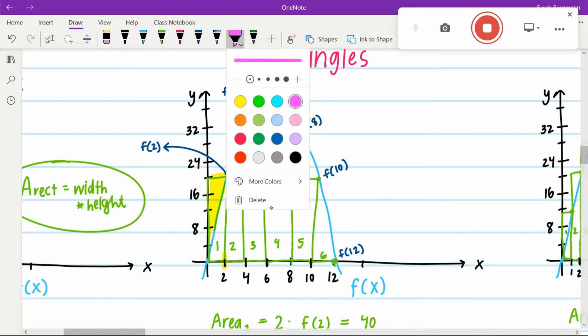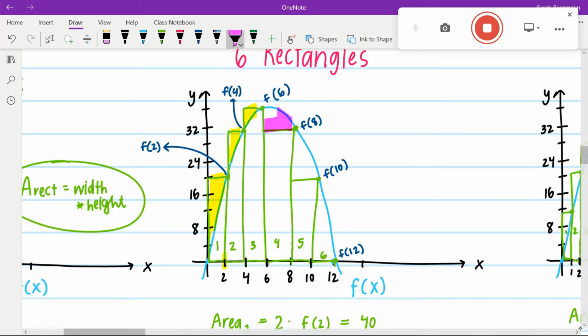Let's do pink. We're also missing a little bit over here. So what do you think? Do those even out, the spaces that we're missing with the spaces that are extra? To me, I would say probably not. It looks like we're missing a little bit more than what we have extra, but you can see what you think on that one.